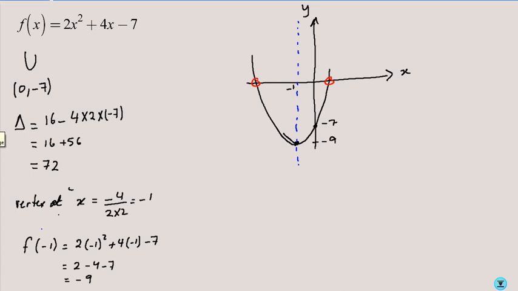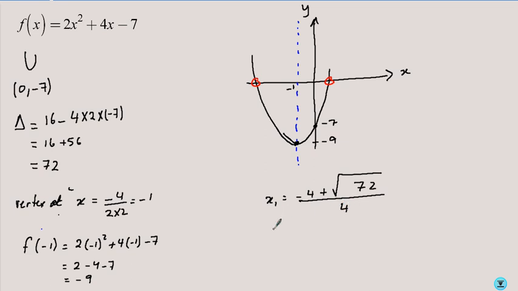But if we want to calculate the roots, then don't forget that we have the formula, and you need the formula because you cannot factorize. So the first root, let's call it x1, is negative b plus or minus the square root of 72, which is the discriminant, divided by 2a, which is 4.